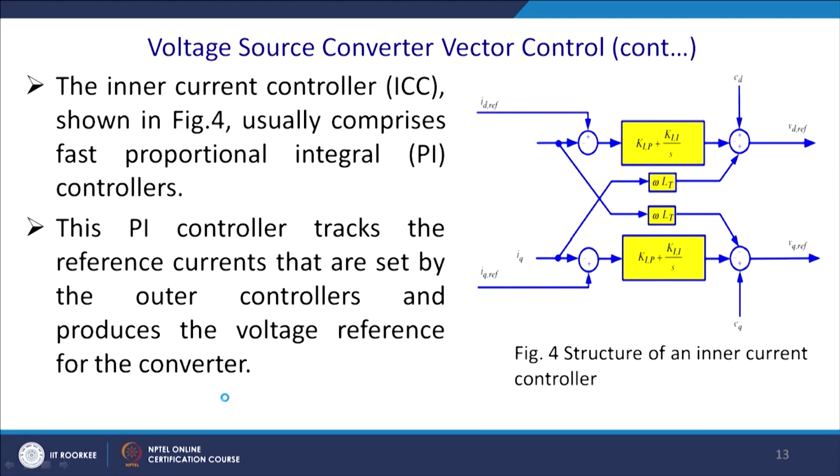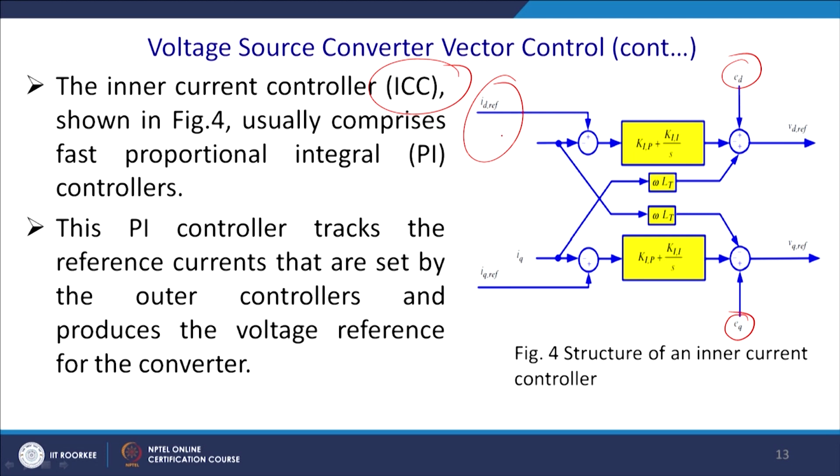Now, the inner current controller, that is ICC, shown in the figure here, let us see how it works, and it has cross relations. So, you have ID reference, and these are the voltages in the DQ frame, and ultimately you have to compare with the other voltages.